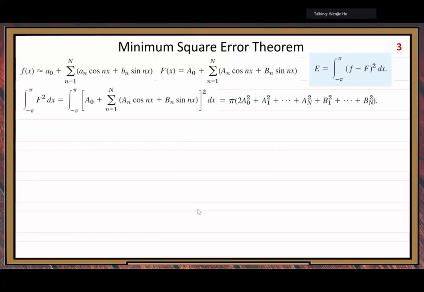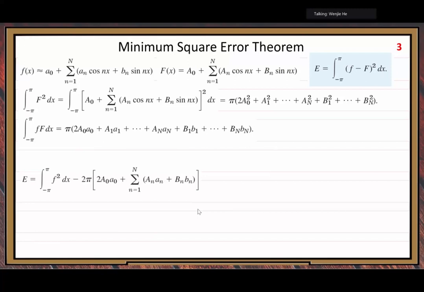So you can see the sum of squares. That's the result of the first integral. Second integral: all the cross terms are gone, so only the same function remains. So you have that expression. Then the third one.